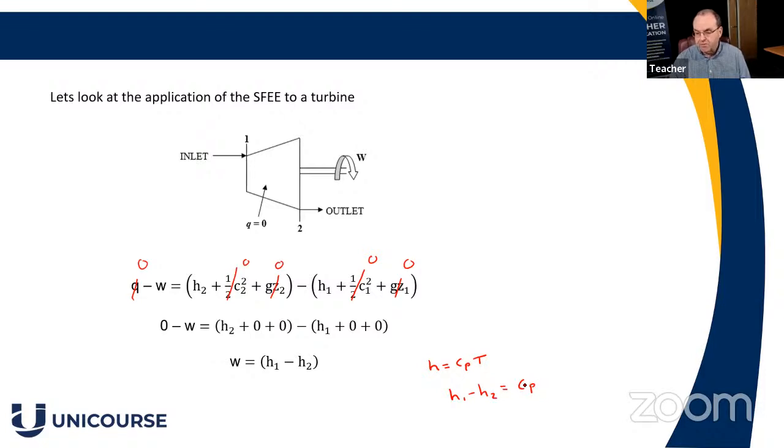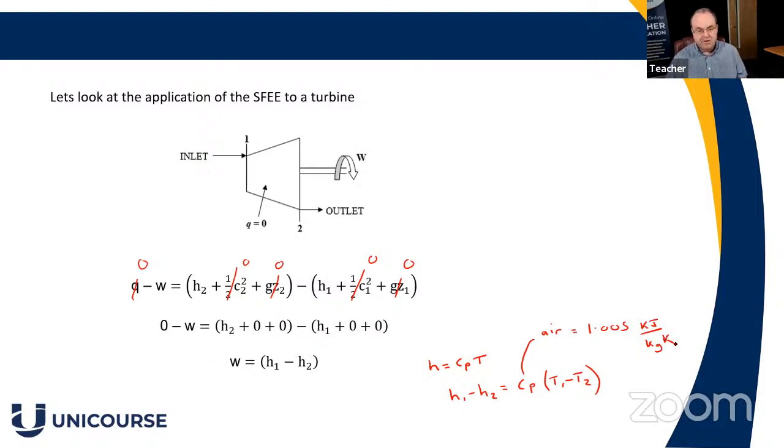For air, it's just over 1 kilojoule per kilogram K, and that will be times T1 minus T2. So that gives you the enthalpy for air. So for air, Cp is equal to 1.005 actually, and that's kilojoules per kilogram K.